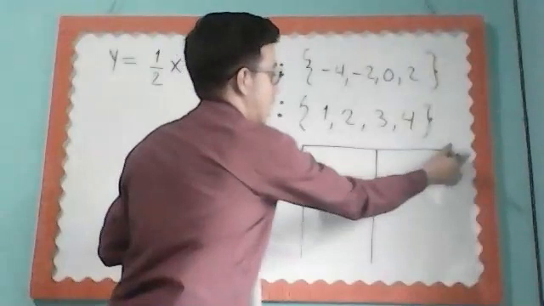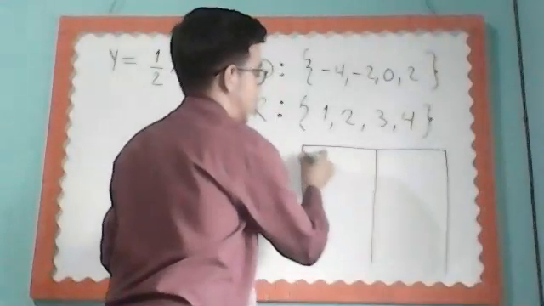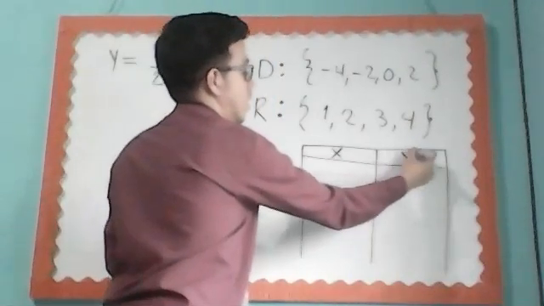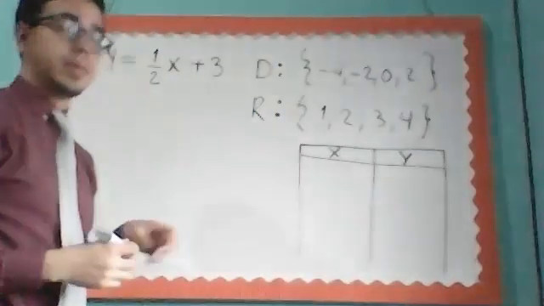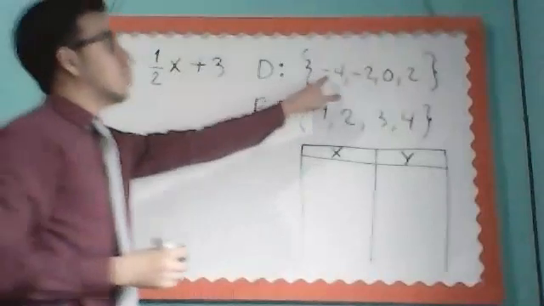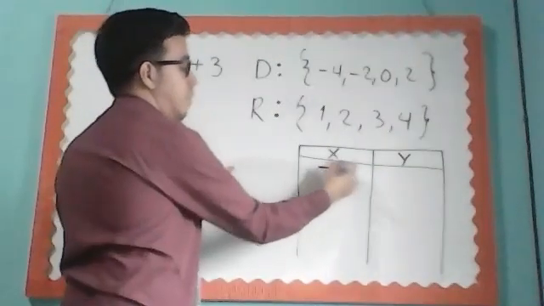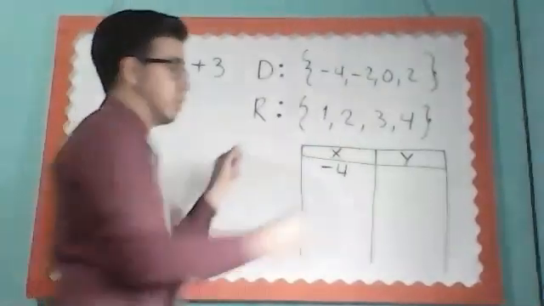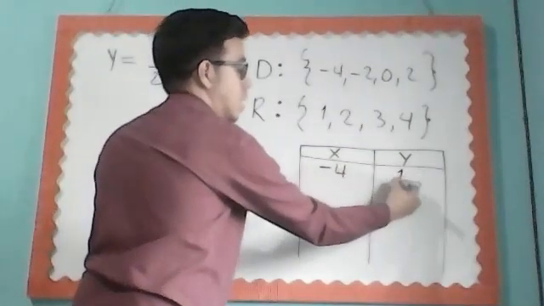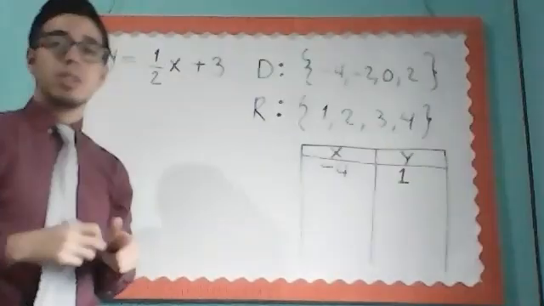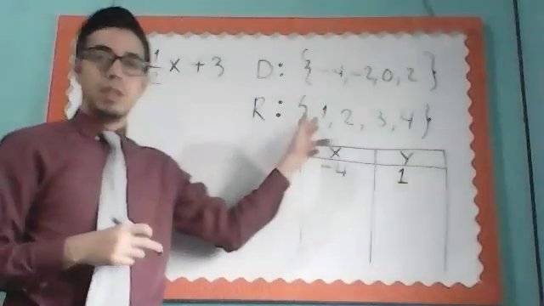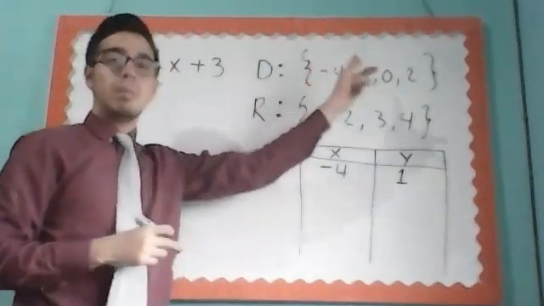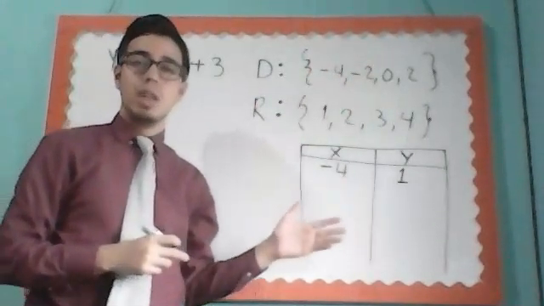I need the two values. The first one is the value for the x, and this is the value for the y. When x is -4, y is 1. That's why I need the chart to compare the values. And remember that I obtained the values of the y using the domain they give me. And the domain is related with the values of the x.